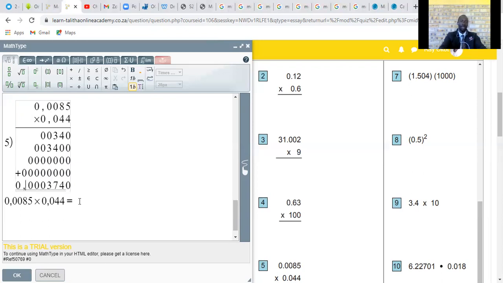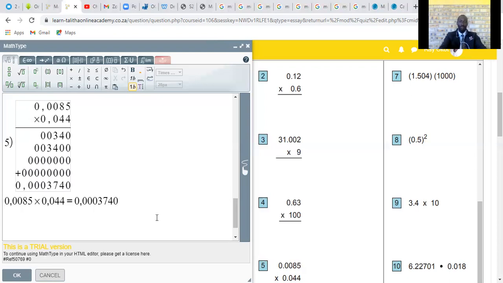So the answer here is going to be 0.0000074. Yes, we could leave the last 0, but it doesn't make any difference.